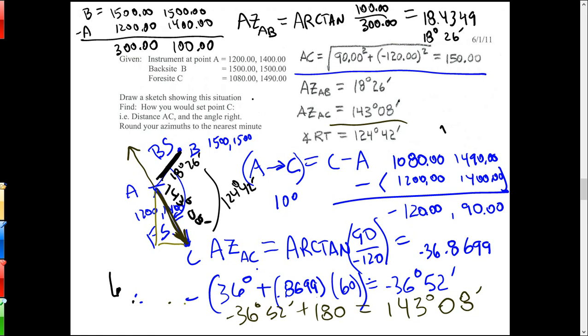So what we're saying here is if you put the instrument here on A, look back at B, and you want to set point C, you're going to tell the crew there to turn a 124.42 and shoot out 150 feet, set the point, and that'll be point C in the ground. Okay. You okay with that?